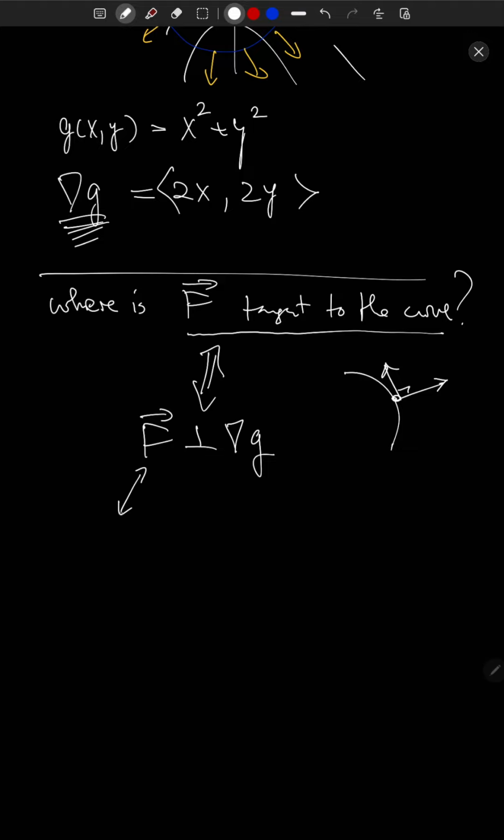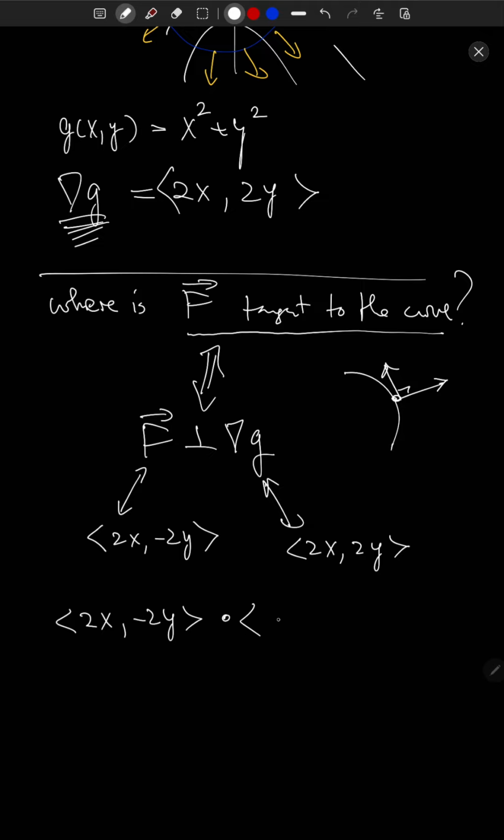We know capital F was 2x comma minus 2y, and we know the gradient of g is 2x comma 2y. So when are they perpendicular is the same as asking us to solve (2x, minus 2y) dot (2x, 2y) equal to 0.